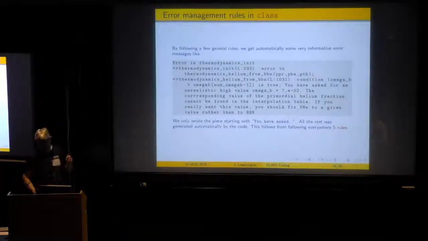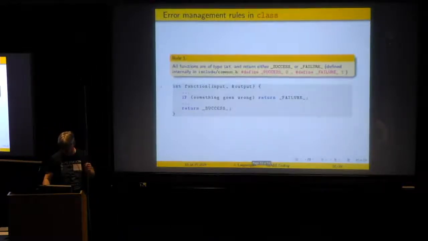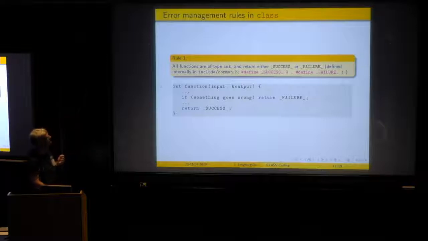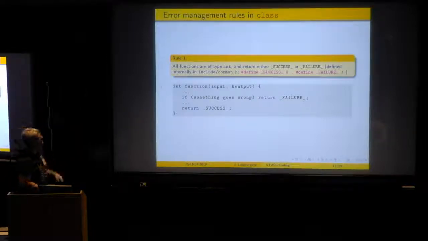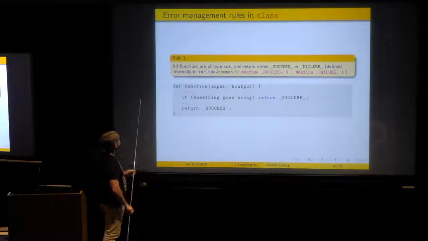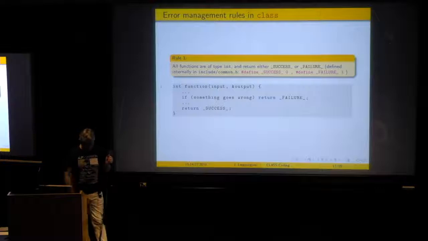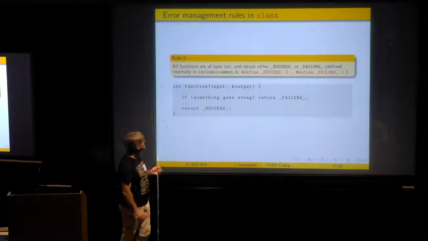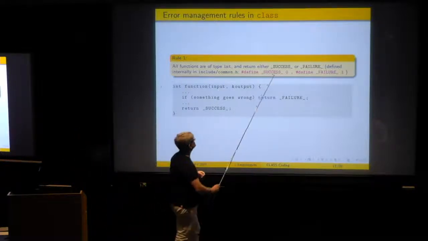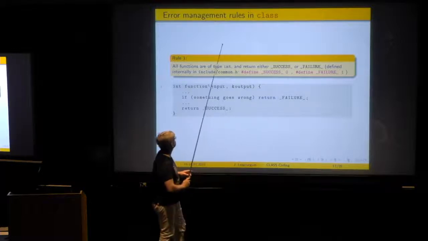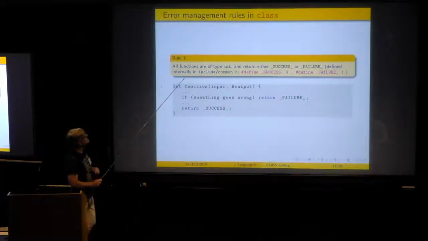So to arrive to such a result, you have to follow some rules. I think I defined 5 rules to follow, and I'm going to explain them slowly. Rule 1, you don't have the choice in the type of the function. A function must be an integer, and it must return either success or failure. So all our functions are always int.